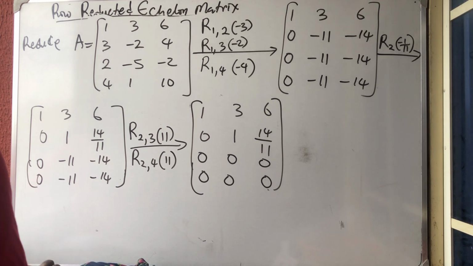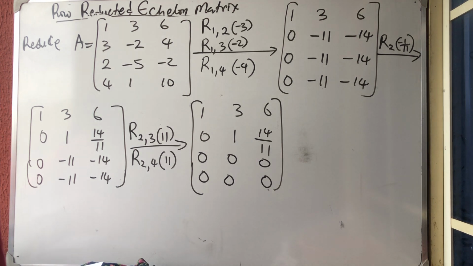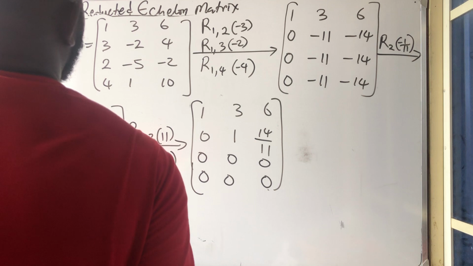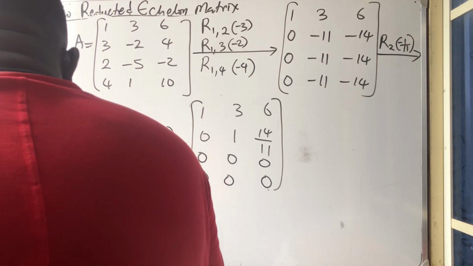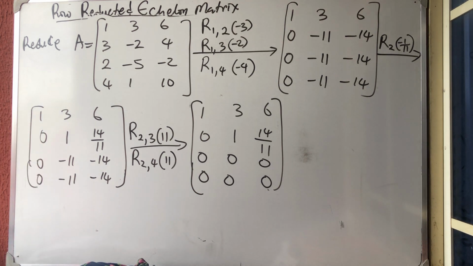From the diagonal. This is 1, 2, 3, 4, 5. So how do you get rank? I think from what I told you before, ranking is simply by adding the leading entries of the diagonals.